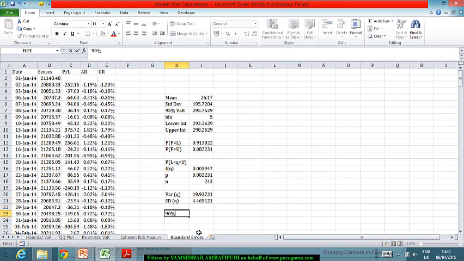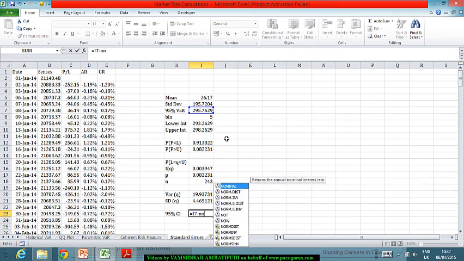And based on this, I can say the 90% or 95% confidence interval is directly coming out from the estimate that I have got. My 95% VaR is 295 minus 1.96 times the standard deviation. How did I get this 1.96?